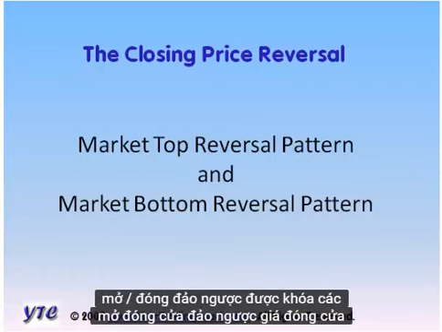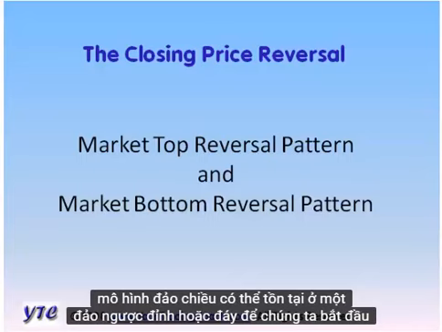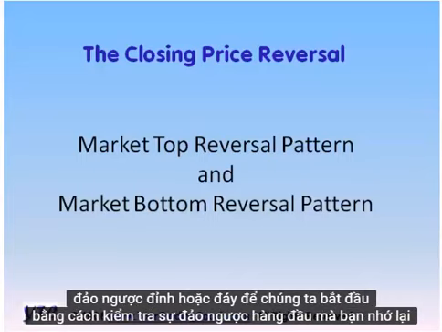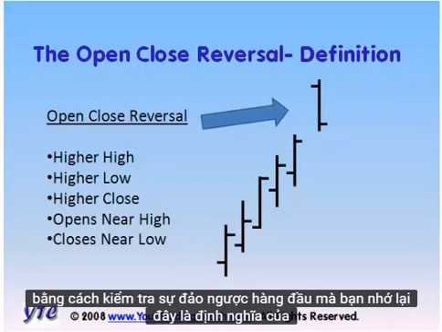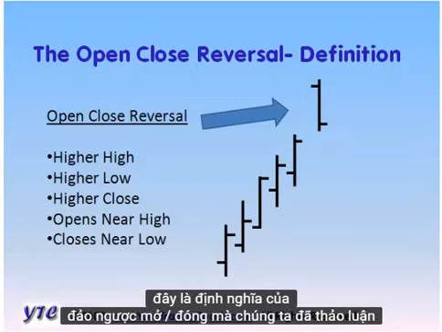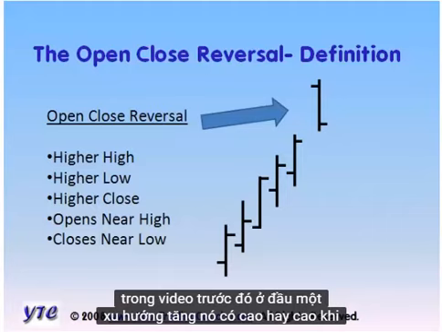Okay, like the open close reversal, the closing price reversal pattern can exist at either a top or a bottom reversal. So we'll start by examining the top reversal. You'll recall this is the definition of the open close reversal that we discussed in the previous video at the top of an uptrend.